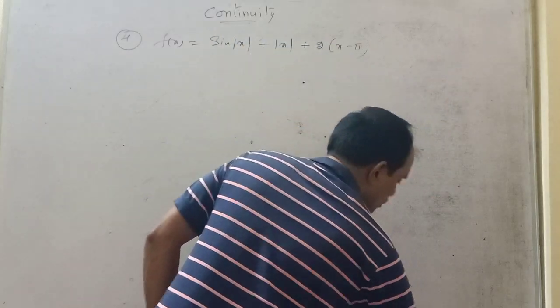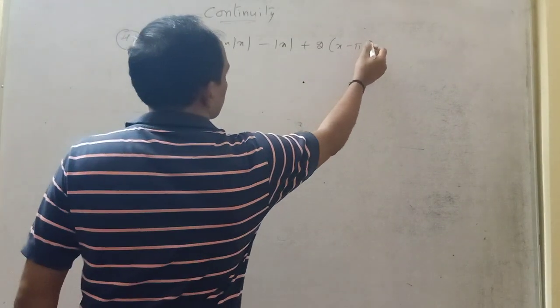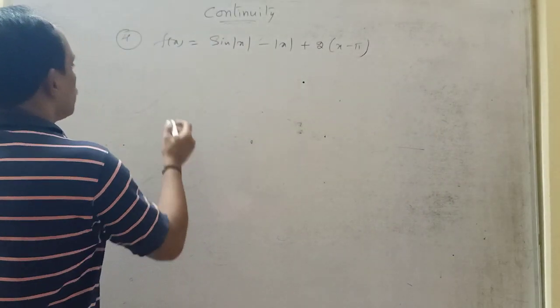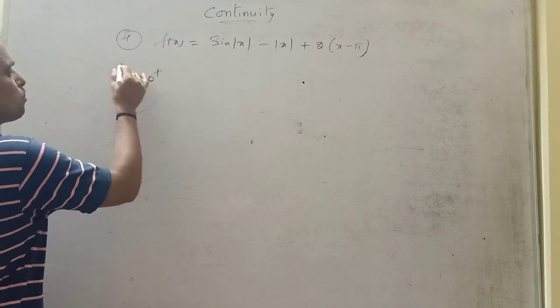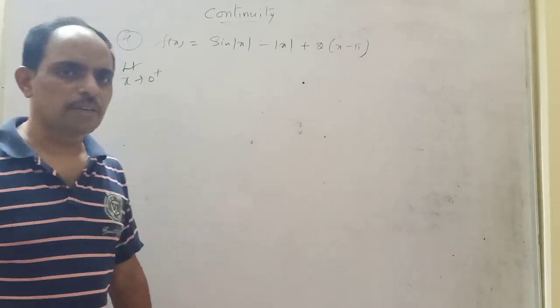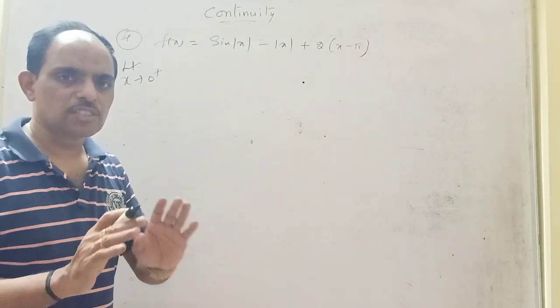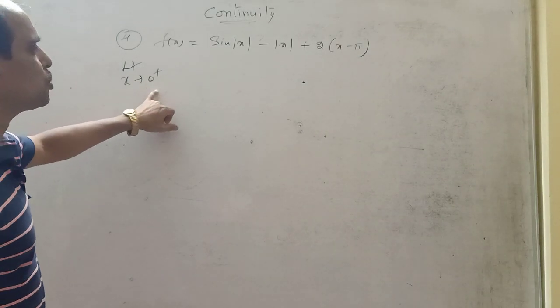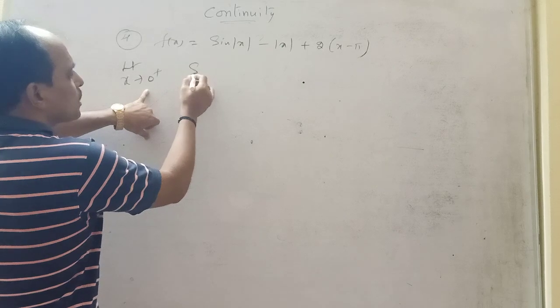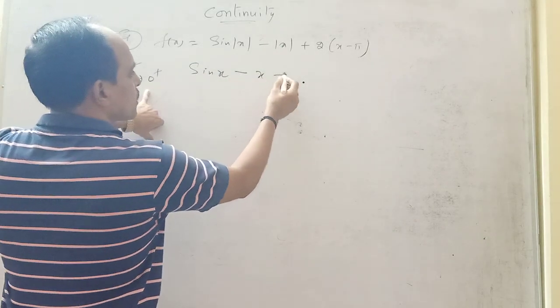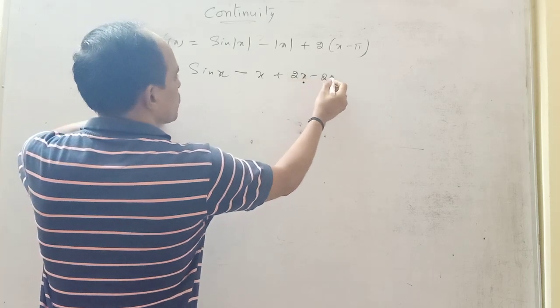Now what happens here? 2x minus pi. Let us take the limit as x tends to 0 plus. I already told you a number of times, mod x means it is plus x or minus x, depending on the value of x. For x tends to 0 plus, sin x will be positive, plus x, and mod x is also positive, minus x, plus 2x minus 2 pi.